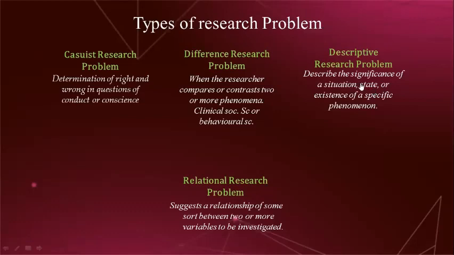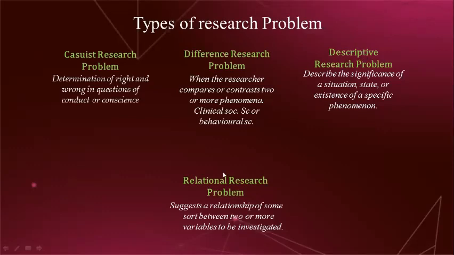When we describe, it describes the significance of a situation, state, etc. This is more associated with revealing the hidden or understudied issues. When they study the significance of a certain situation, the underlying, hidden issues also come to the forefront, and that is described through this research problem.